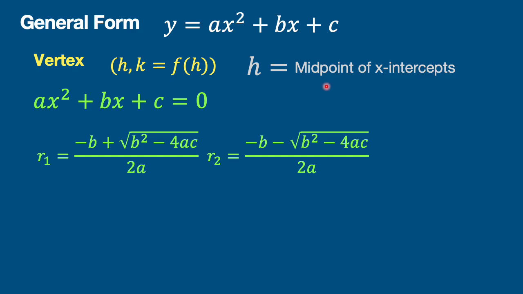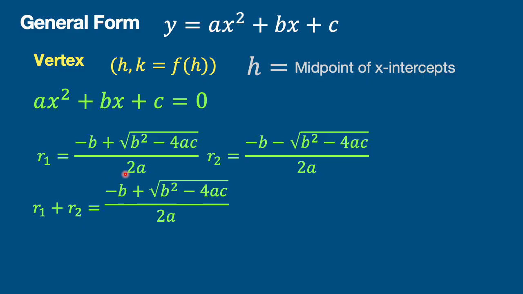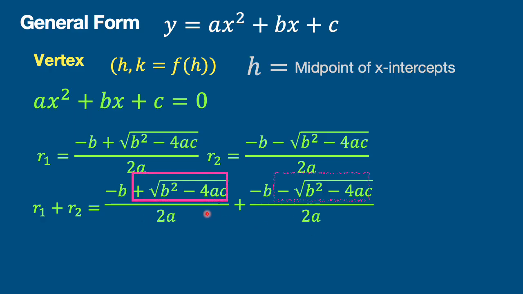So we need the middle point of the x-intercepts. So add together r1 plus r2, guys. First one is here, second one here. When you add them, same denominator. So what do you see? Here is positive, here is negative. You can cancel out. So what do you have? Negative 2b, denominator 2a.